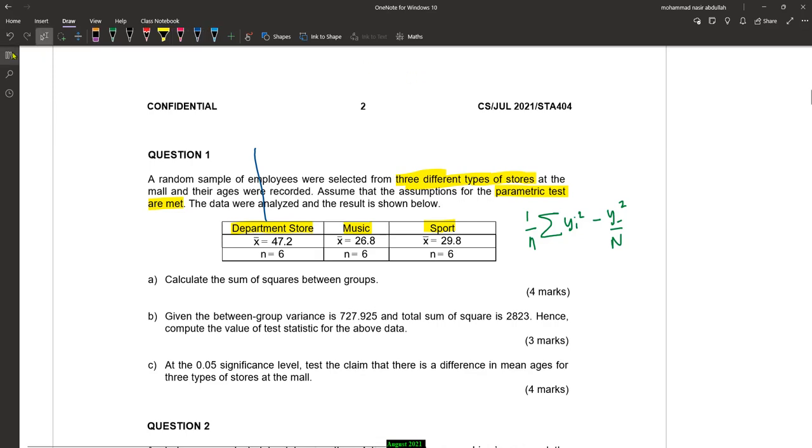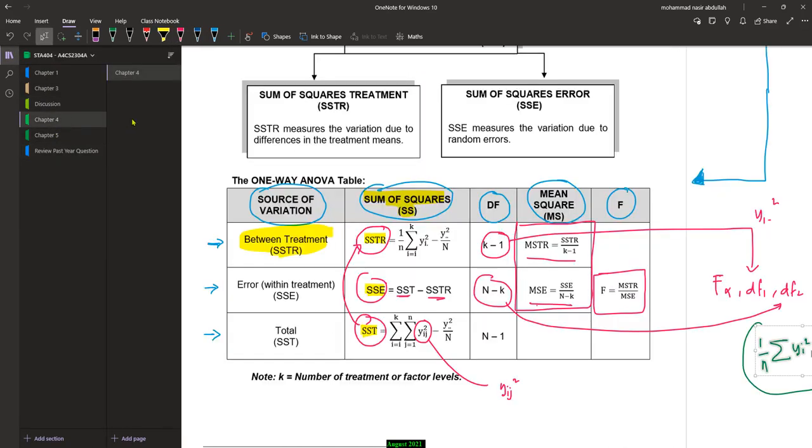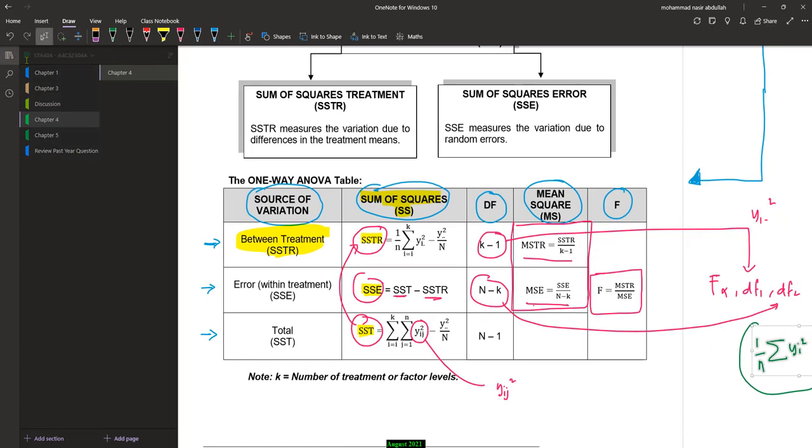Ada formula satu lagi tak? Let's look at this one.